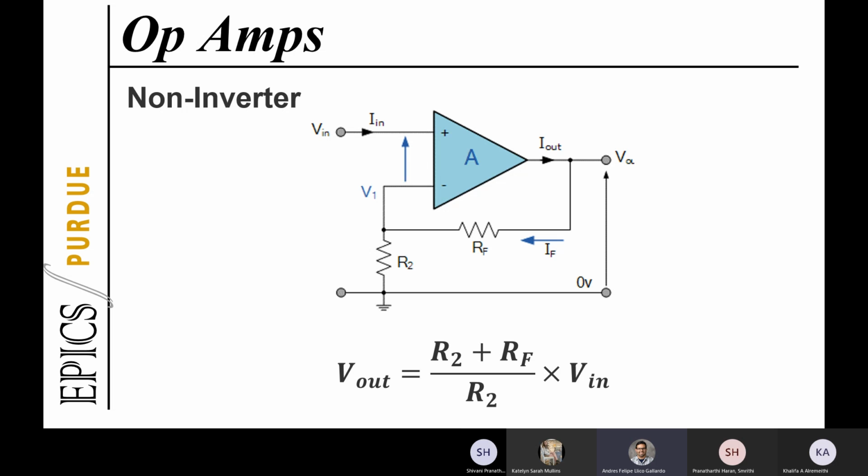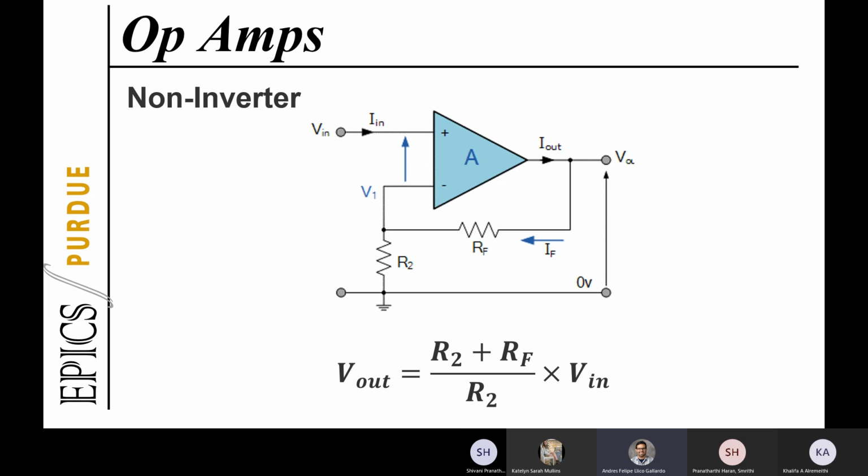If we resolve the equation for this configuration, we will find that the gain, or the voltage output, is equal to the ratio between the sum of those resistors over R2 times the input voltage. Notice here that we have R2 plus RF over R2.